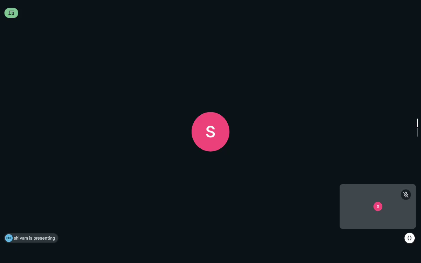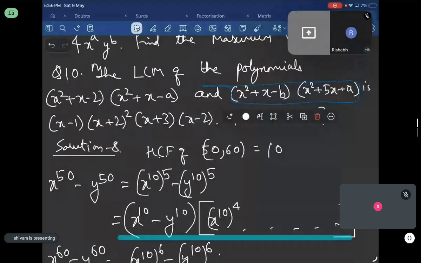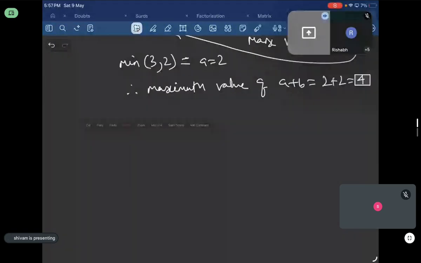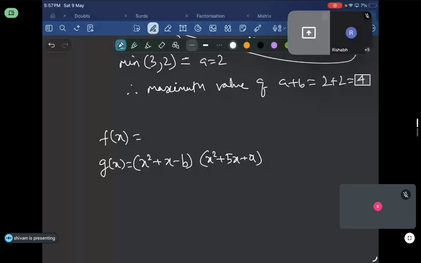Pay attention. Look at the expression. I'll solve it very constructively, step by step. Pay attention. Let us call this g of x. And there is something called f of x. Okay, f of x is x square plus x minus 2.